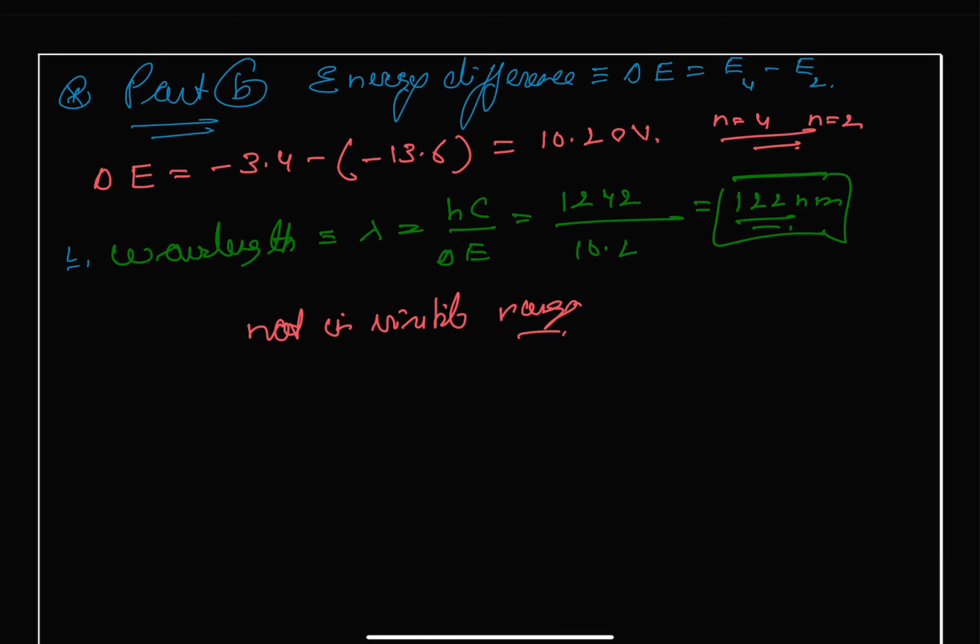Now we say that the initial value of n is 3, and it transitions to the final value of n equal to 2. Therefore, once again we find delta E, which is E of 3 minus E of 2, giving us minus 6.04 minus of minus 13.6, which will be equal to 7.56.